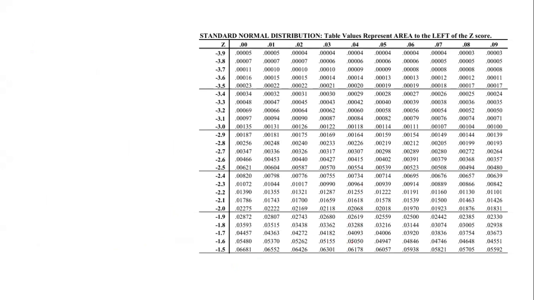Let's see where that is. I think it's somewhere between these two. Which means we have to find a number between these two, negative 1.64 and negative 1.65. And the number that's in the middle is negative 1.645. So the critical values are negative 1.645 and positive 1.645.